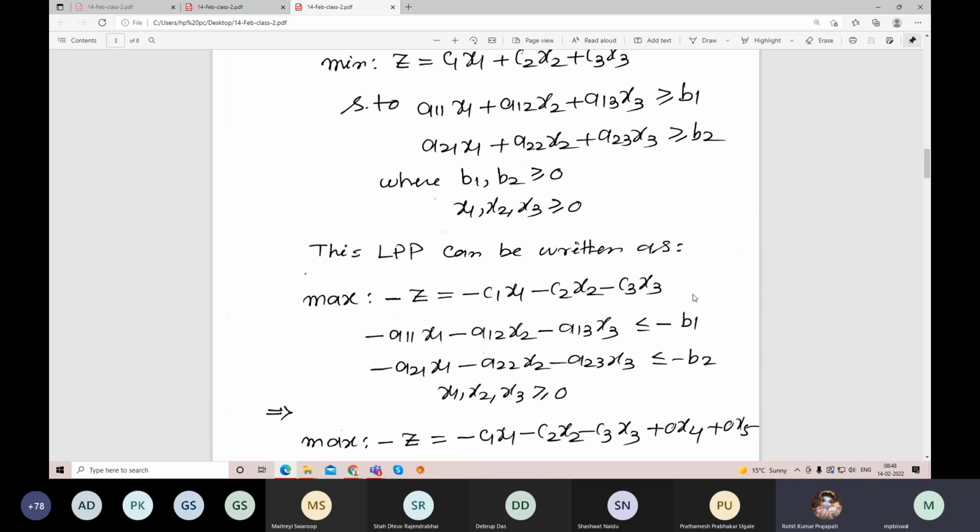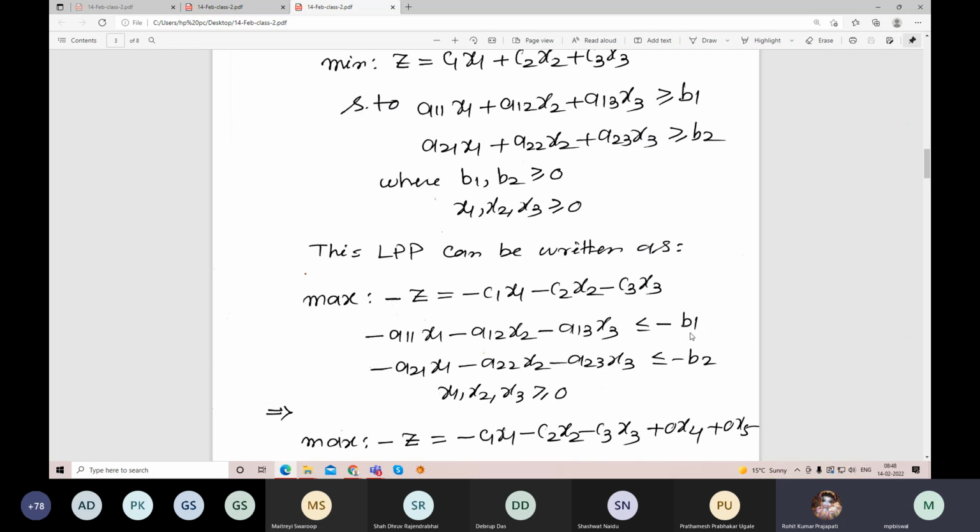Let us say I have learned only the primal simplex method, no other method. So I will think about making all these inequations from greater than or equal type to less than or equal type. So multiply by a minus sign on both sides, and the inequation will change: minus a11 x1 minus a12 x2 minus a13 x3 less than or equal to minus b1. We are assuming b1 is non-negative.